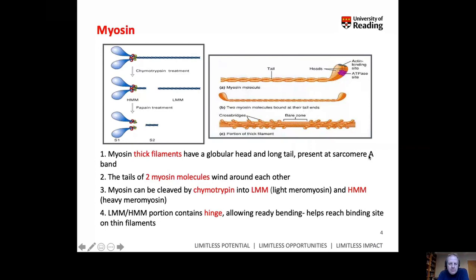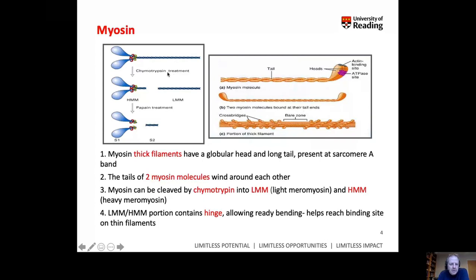Again, we told you what an A band was before. The reason we're telling you about these different bands is because it's important that you know how they fit into the sliding filament model. The tails of two myosin molecules wind around each other. That's one of the reasons that it looks thick compared to actin.